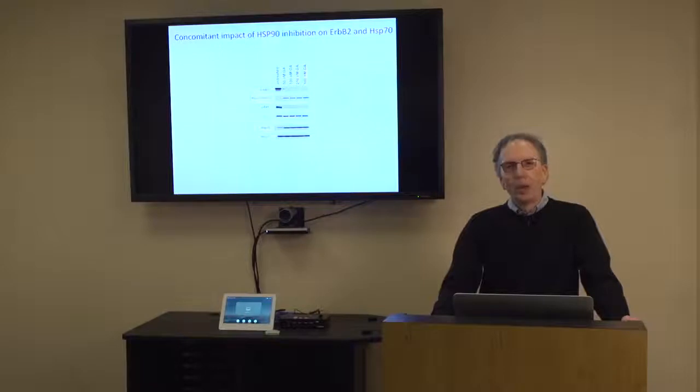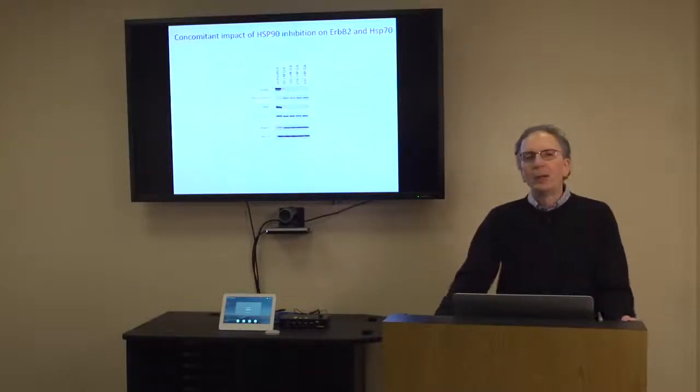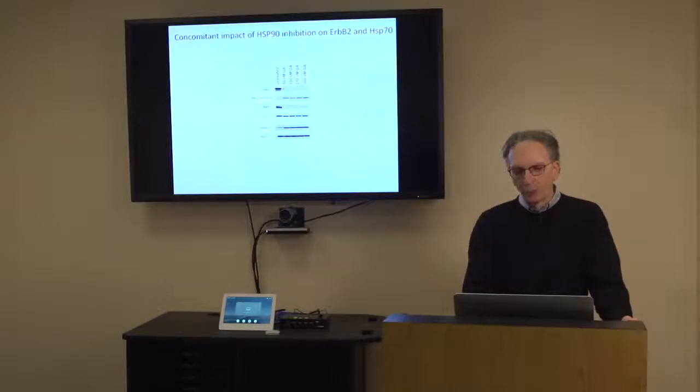Importantly, as shown in the bottom two panels, HSC70, the constitutive isoform of HSP70, is unaffected by HSP90 inhibitor treatment. So only the stress-inducible form, HSP70, is affected, and this is consistent with dependence on HSF1 expression.